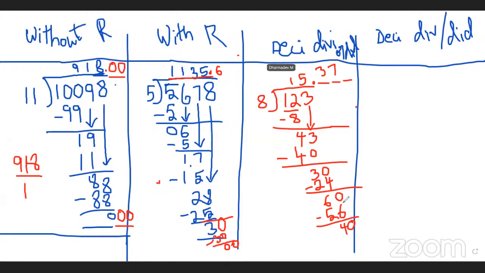Okay. So now 8 times what would make 40? 8 times 5. That's it. No more remainder, then it gets stopped. Clear with that? How the decimal works? Eight seven five, not 857.